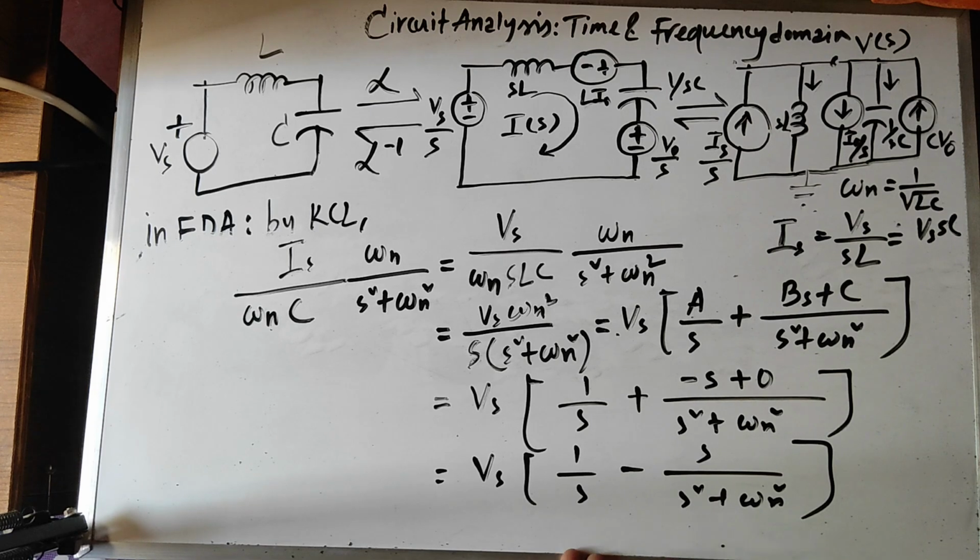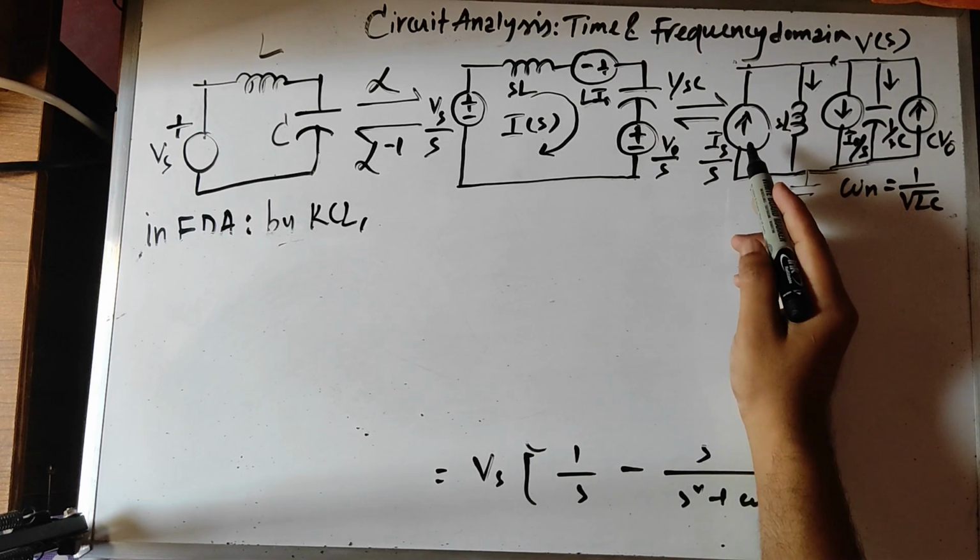So this is the input voltage term in the frequency domain, and we're going to use this to get the frequency domain response of the voltage of the LC circuit, the voltage response in frequency domain.